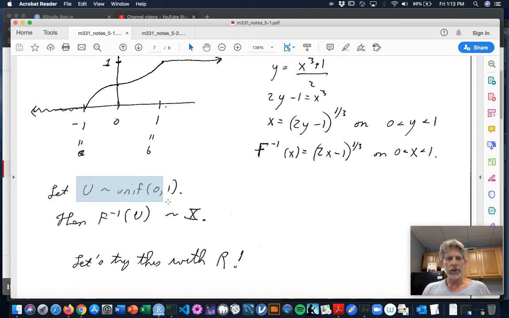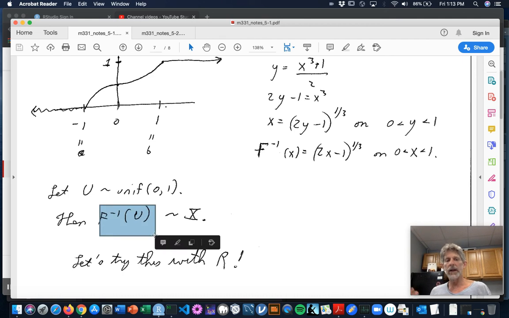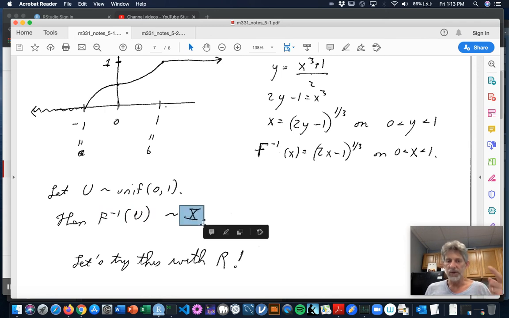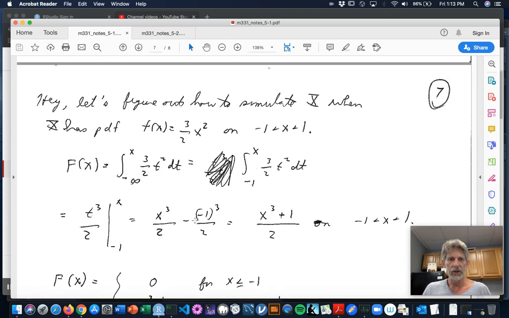And now I've grabbed myself a uniform 0, 1 random variable, and I say I need to look at the following transformation of the uniform, F inverse of U. The theorem says that's going to have the same distribution as my random variable X that I started with up here.